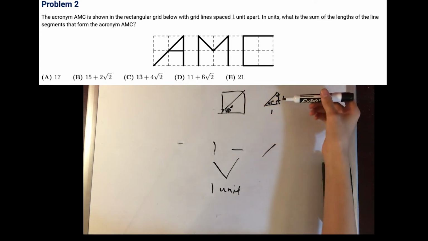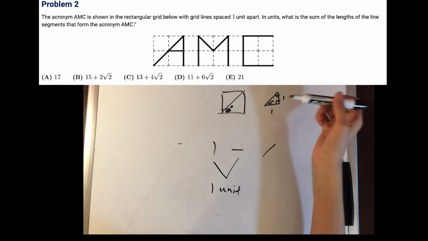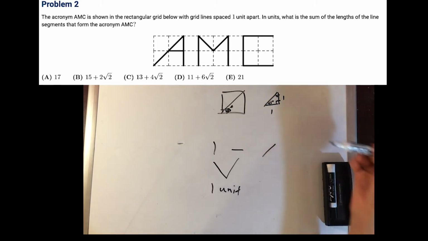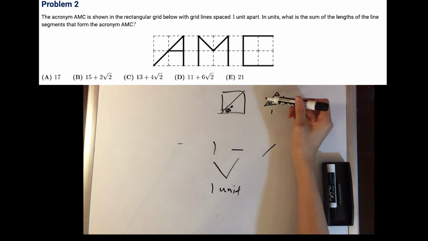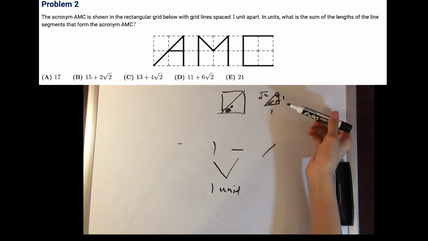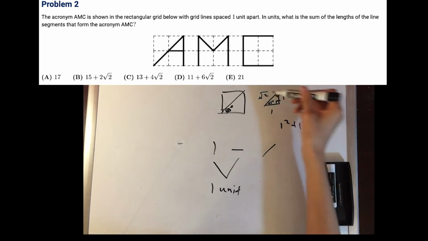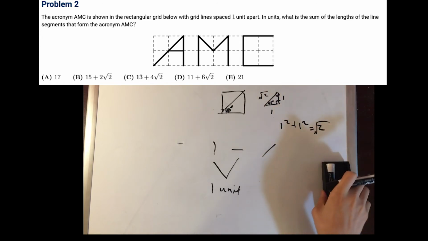And that means the diagonal side is going to be √2 times one of its legs. And because one of its legs is 1, that means its diagonal is going to be 1 times √2, or just √2. You can also figure this out by the Pythagorean theorem. 1 squared plus 1 squared is going to equal 2, so that must be √2.